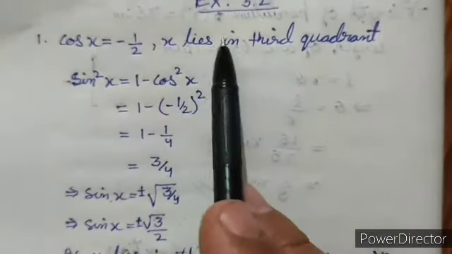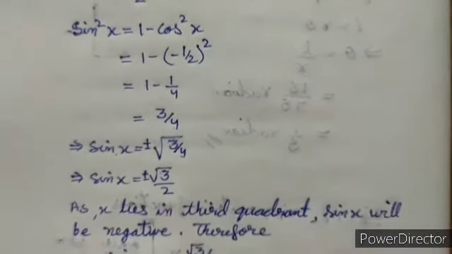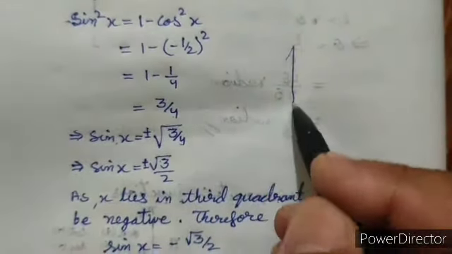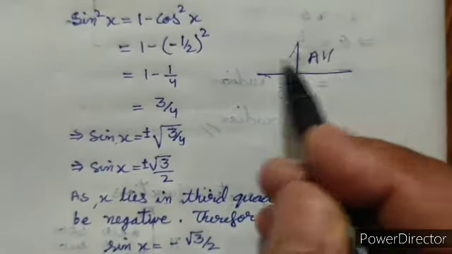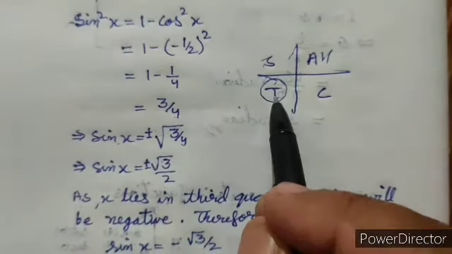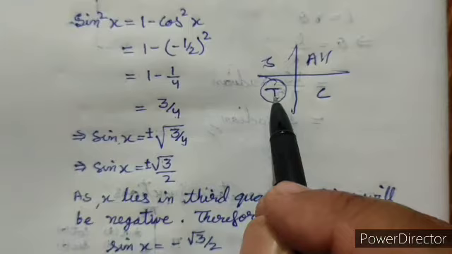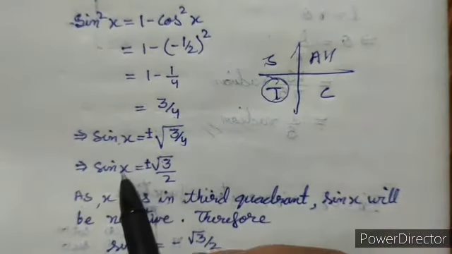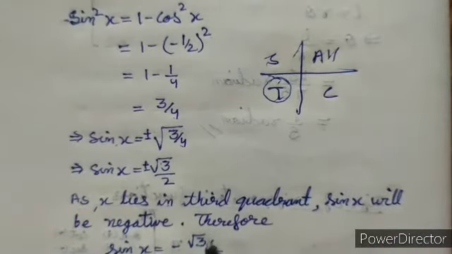Now here x lies in the third quadrant, and in third quadrant, all schools to college. Now in third quadrant, tan and reciprocal tan, that is cot, is positive and other trigonometric functions are negative. So sin x will be negative in third quadrant.